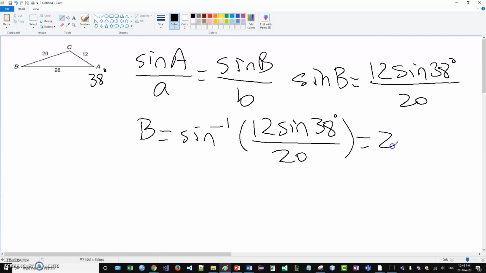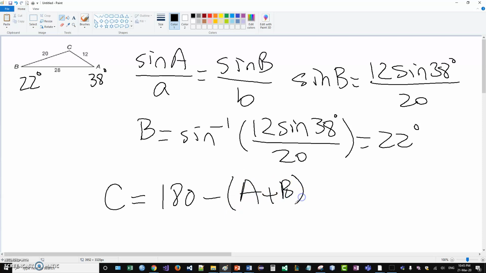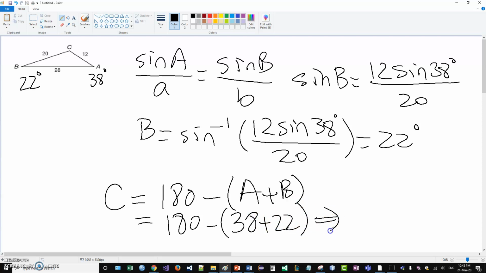That will give us 22 degrees. So I'm going to write 22 here for angle B. All we have to do now is find angle C. We know that the sum of all angles in a triangle is 180, so C equals 180 minus A plus B, 180 minus 38 plus 22, which equals 120 degrees. So we were able to find all angles of the triangle.